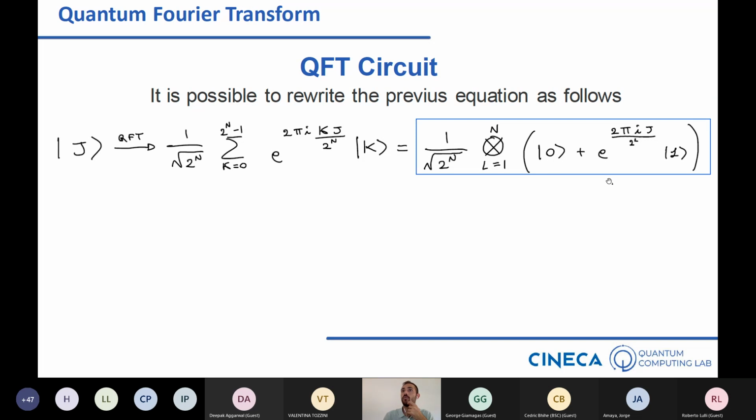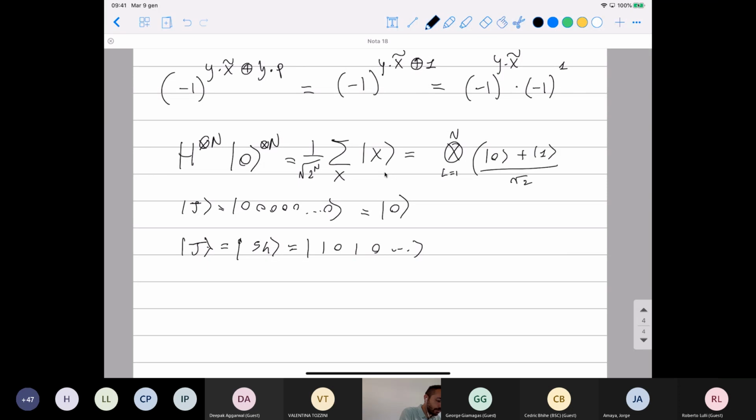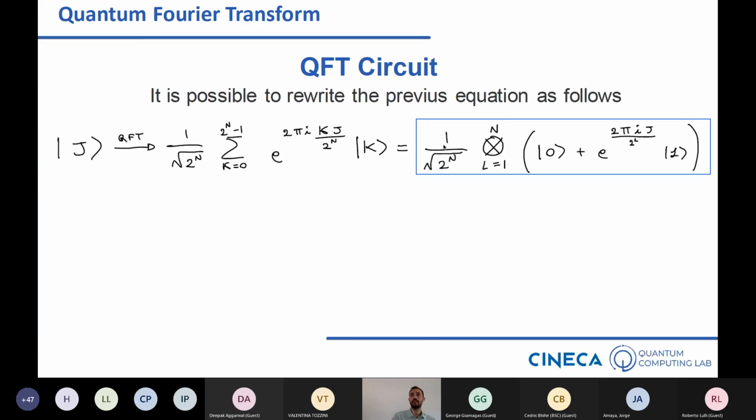Each one is 0 plus some phase times 1. In the case of Hadamard, how do we write it? It's basically the product over L equal 1 to n of 0 plus 1 over square root of 2. So it's basically the same thing, but in a more general case is this one.